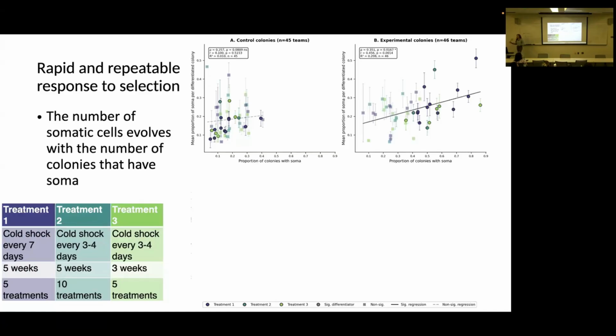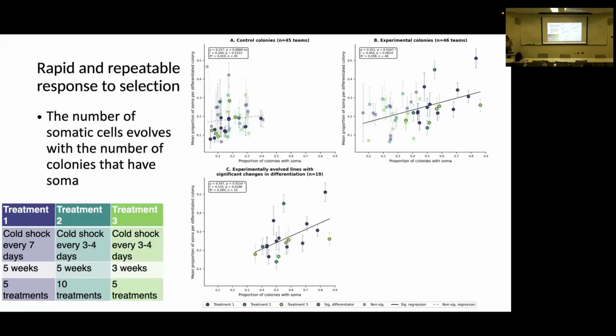But not all of these student groups successfully saw changes in the proportion of colonies with somatic cells. Not all of these student groups actually evolved changes in differentiation.